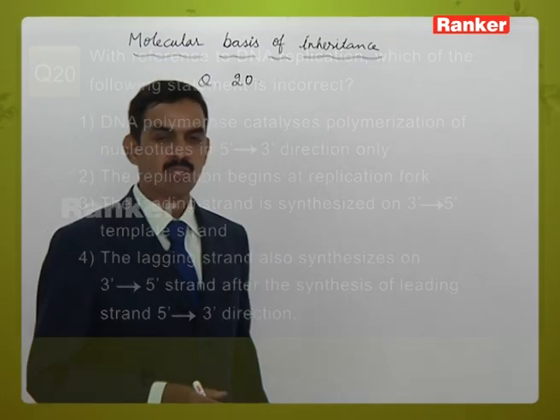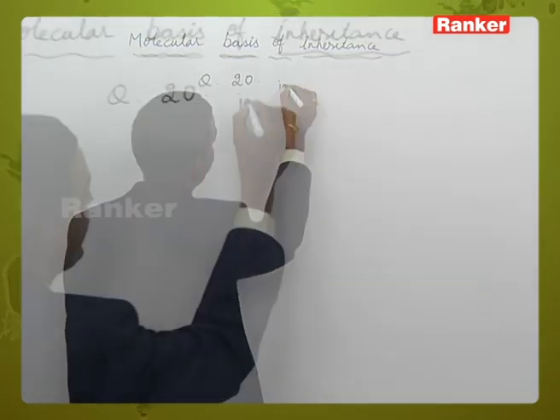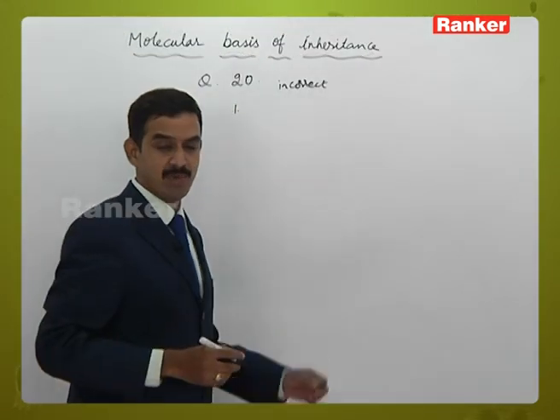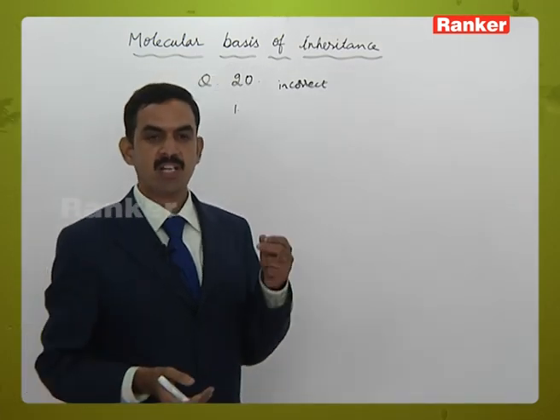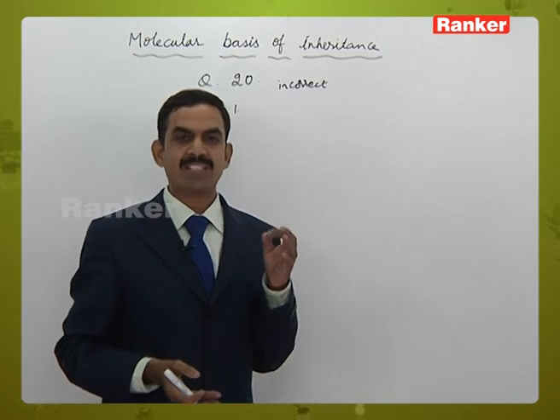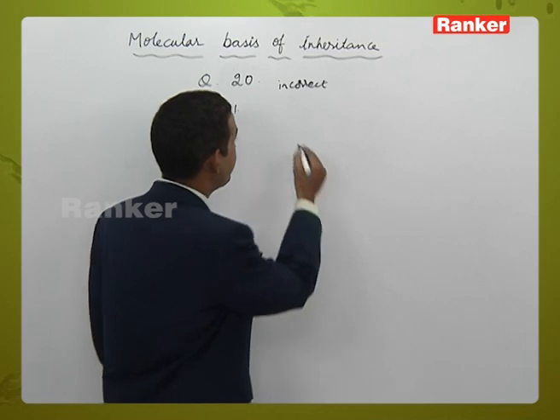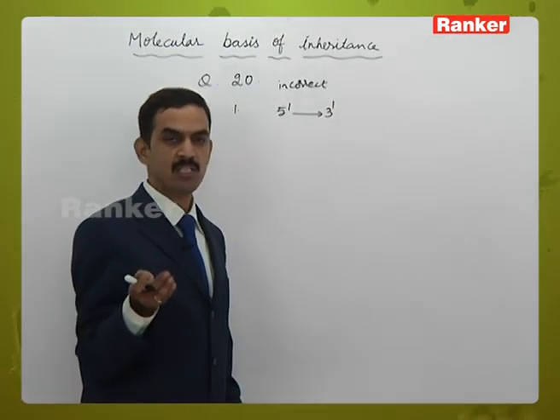Okay, let us identify the incorrect statement from the options. So we have to identify the incorrect statement. These statements are related to DNA replication. We know that the DNA polymerase will catalyze the polymerization of the nucleotides, and always it will be in the 5' to 3' direction only.